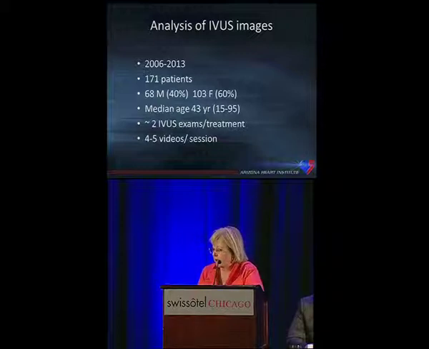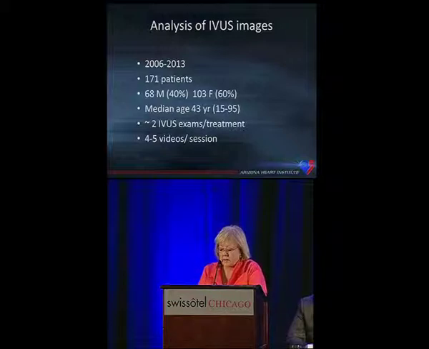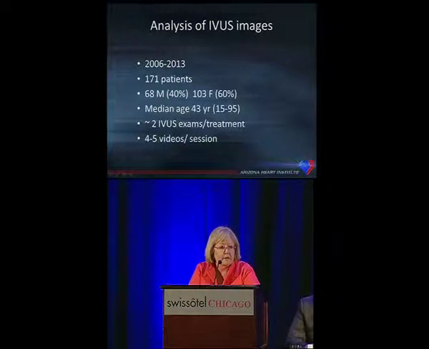171 consecutive patients. And you can see the female-male division, the average age that we treat, because we treat mostly post-thrombotic problems as well. On average, people get at least 2 IVUS sessions when they come in for their baseline studies, and then when we follow them up from the thrombolytic therapy or the stenting procedure.